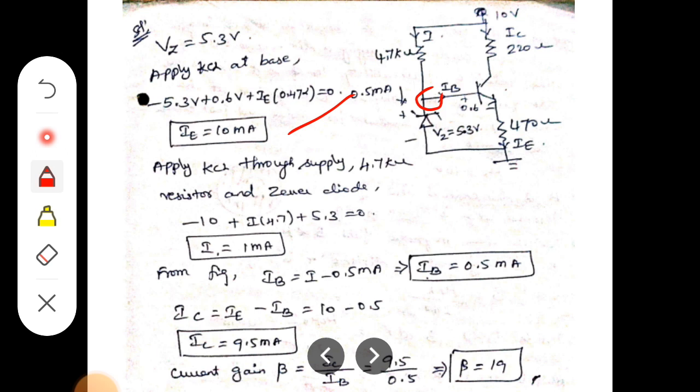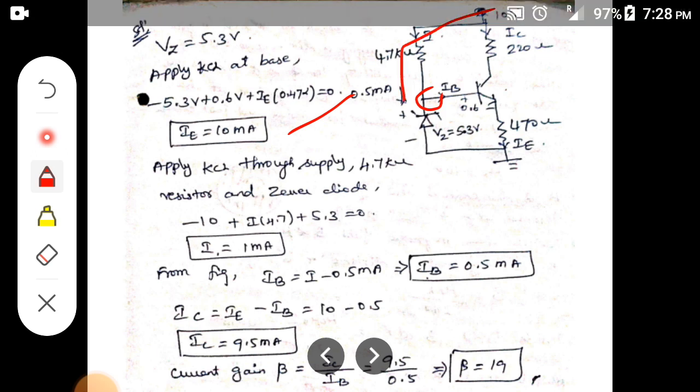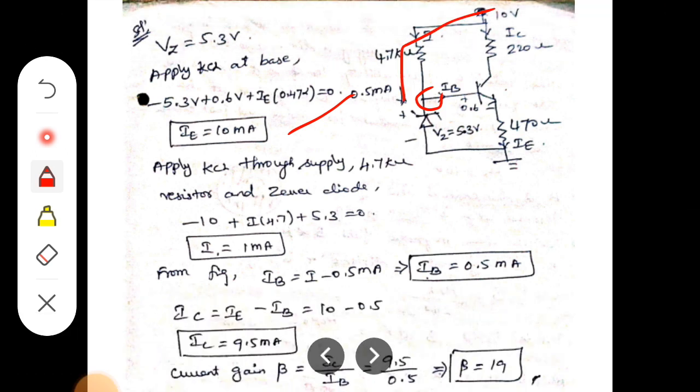Then apply KCL through the supply, 4.7 kilo ohm resistor and the diode. So minus 10 plus I into 4.7 plus 5.3 equal to 0. For this case I is equal to 1 milliamp.